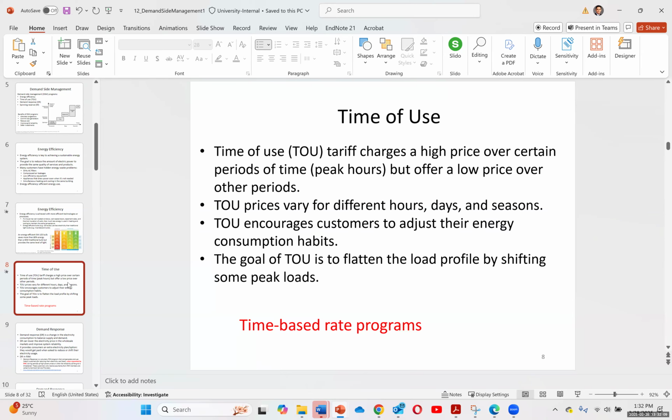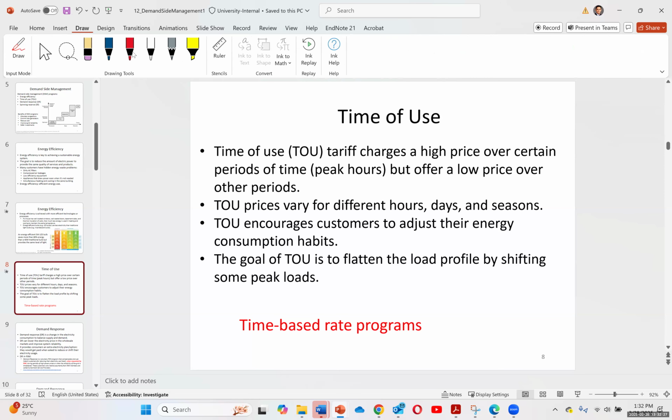The other thing that is very important in demand side management is called the time of use. Most of you are already familiar with the duck curve. We usually want to shift the time of use of the power to the off-peak hours. So the duck curve actually looks something like this.